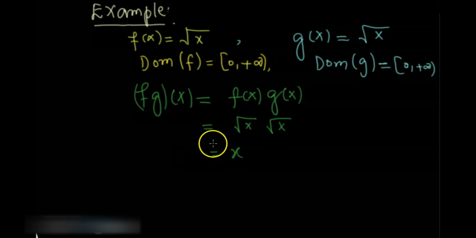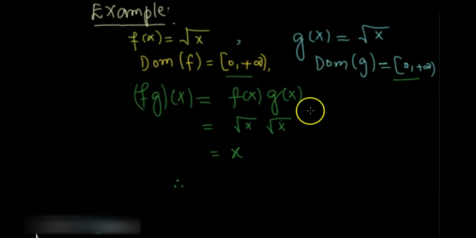Now you might think that because this function is equal to x and this is a polynomial, every real number is in the domain. That will be a fallacy, that will be a mistake. What you need to be careful about is that the domain of fg of x equal to x is going to be the intersection of these two domains, and because these are the same, their intersection is also going to be the same.